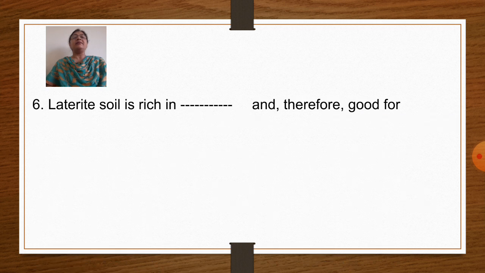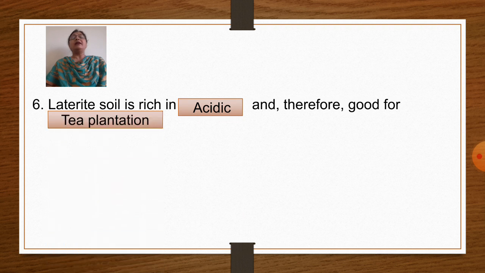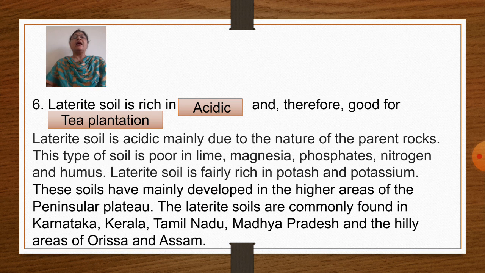Next, fill in the blank. Laterite soil is rich in acid and therefore good for tea plantation. Laterite soil is acidic mainly due to the nature of the parent rocks. This type of soil is poor in lime, magnesia, phosphates, nitrogen and humus.